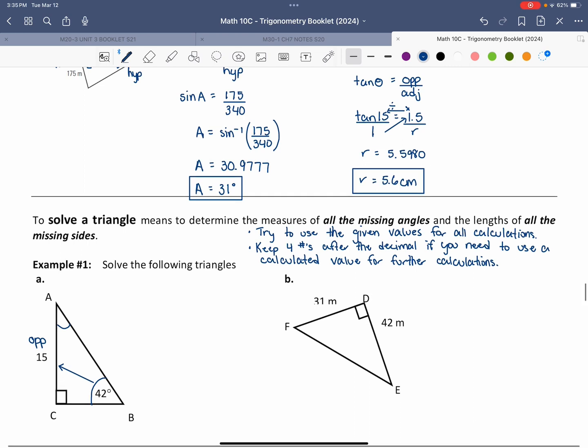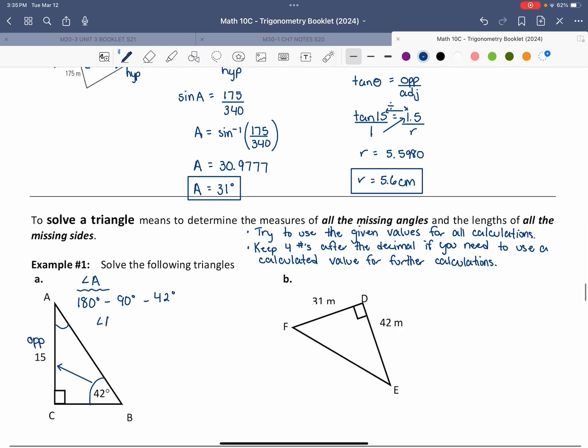So I'm going to solve for angle A first, starting with 180 degrees, subtract 90 degrees for angle C, subtract 42 degrees for angle B. 180 minus 90 minus 42 gives me 48. So angle A equals 48 degrees.